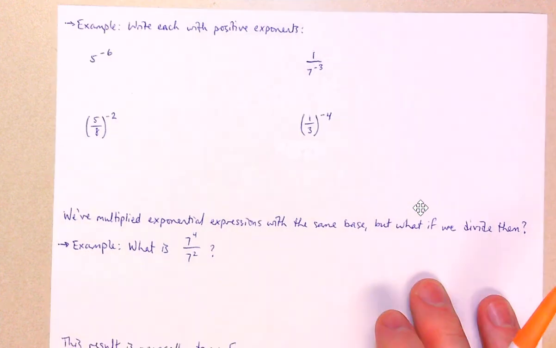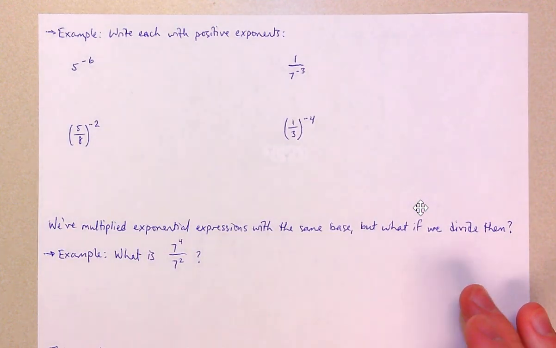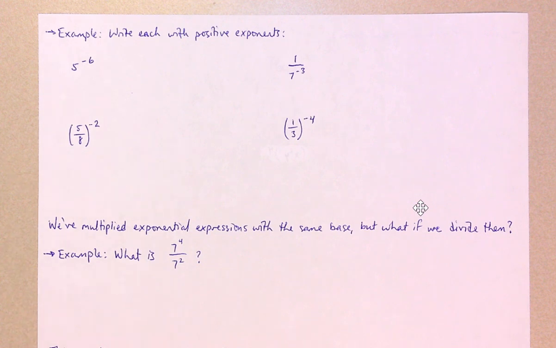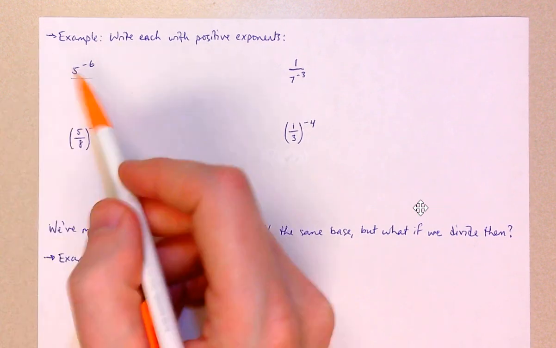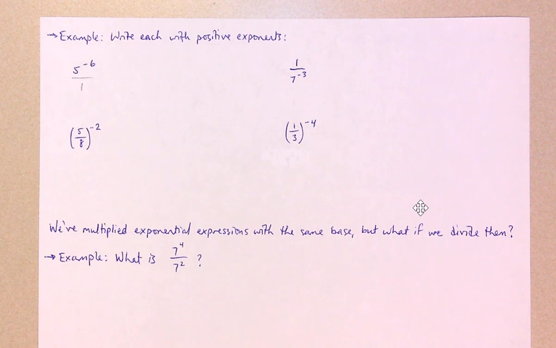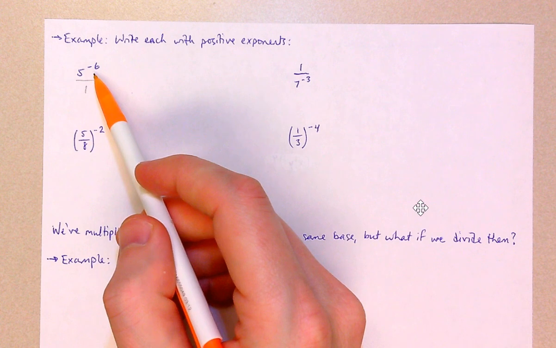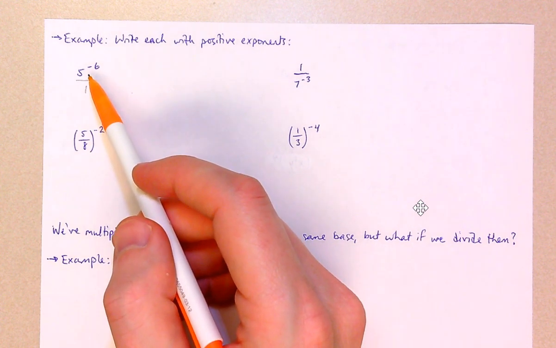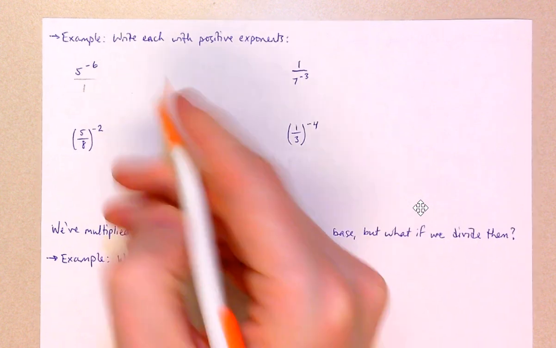So we're going to rewrite each of these exponential expressions so that the exponent is positive. Here we have 5 raised to the power of negative 6. Again, we can look at this as a fraction, this thing over 1. The kid is in the upper level of the house and is being bad, so we send it down to the bottom.